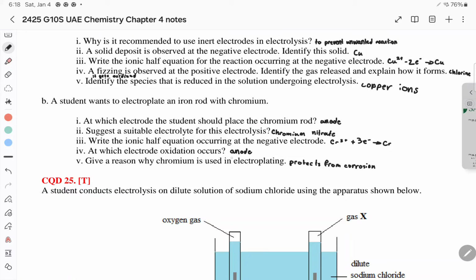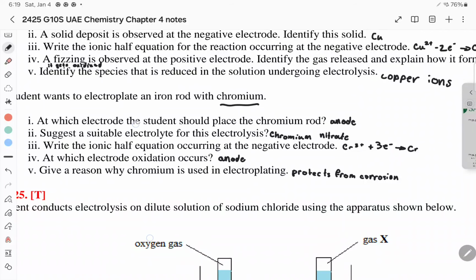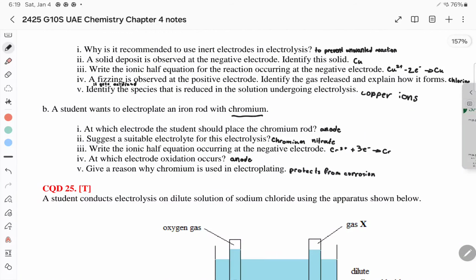What would be a suitable electrolyte for this electrolysis? You have to take a solution with the thing you're plating with, chromium nitrate, or any solution, it doesn't have to be nitrate. Write the ionic half equation occurring at the negative electrode. The negative electrode is the cathode.